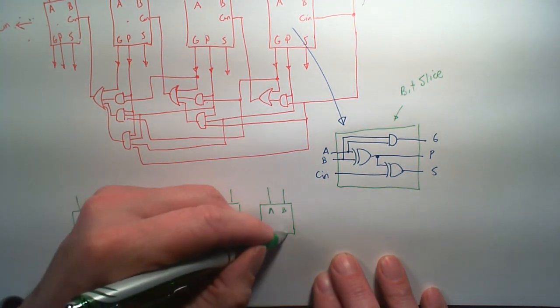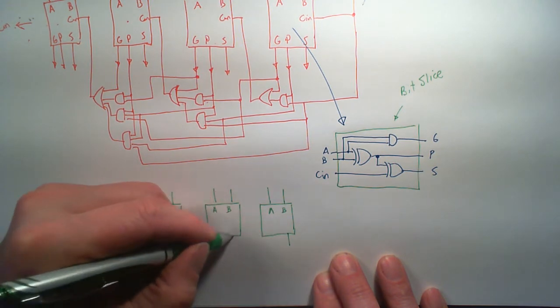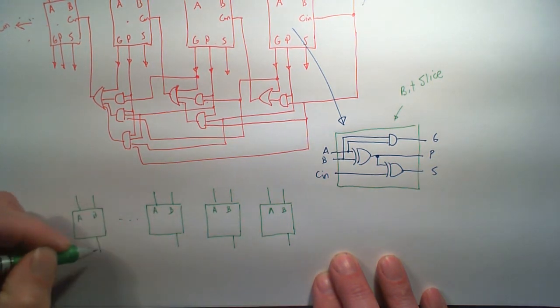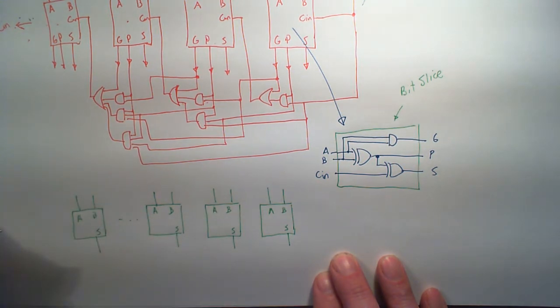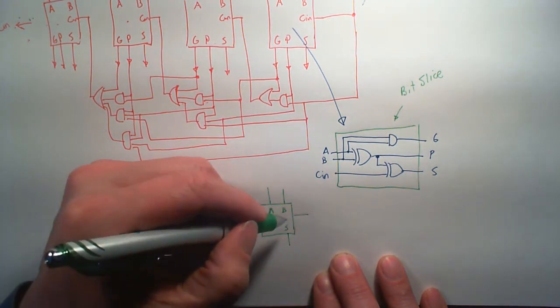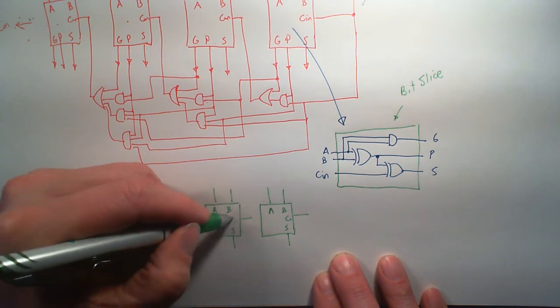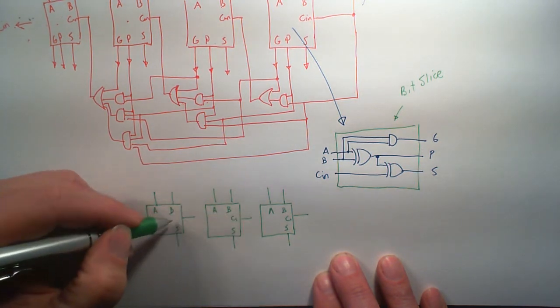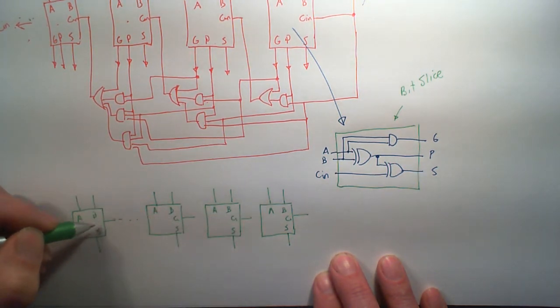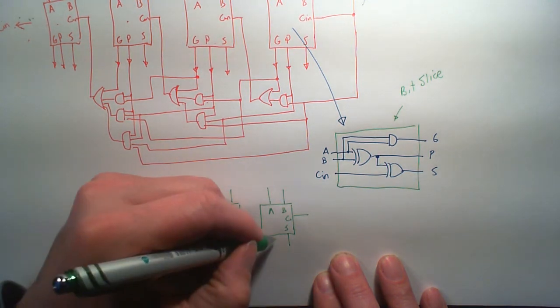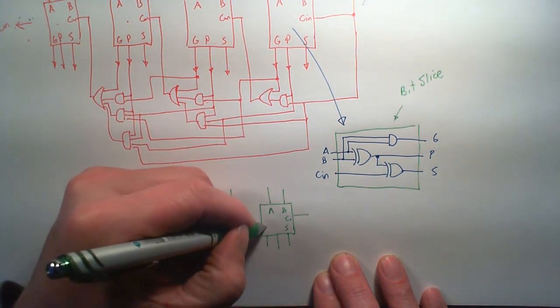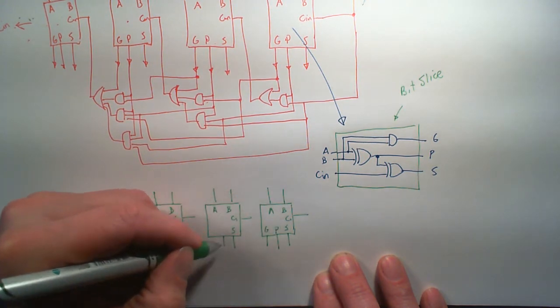They each generate a sum output. They each have a carry-in input. But instead of a carry-out output, they both generate the generate and propagate signals.